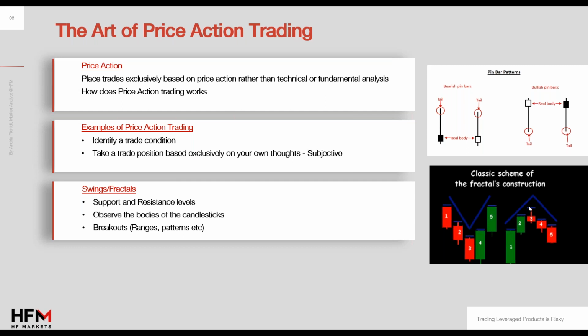Swings could be considered as immediate support and resistance levels, or breakouts. And in the near future, the breakout of such levels or a consolidation at those levels gives us the perfect example of price action trading.